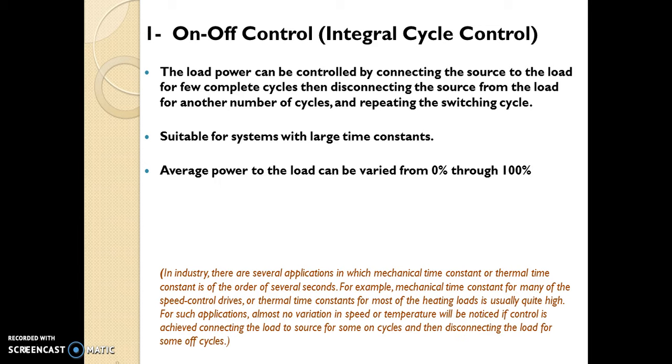In on-off control, the load power is controlled by connecting the source to the load for a few cycles and then disconnecting the load from the source for another number of cycles, and that procedure repeats itself. This technique is suitable for a system with a very large time constant, because some industrial applications require a time constant on the order of several seconds. It also provides average power to the load from 0 to 100%.